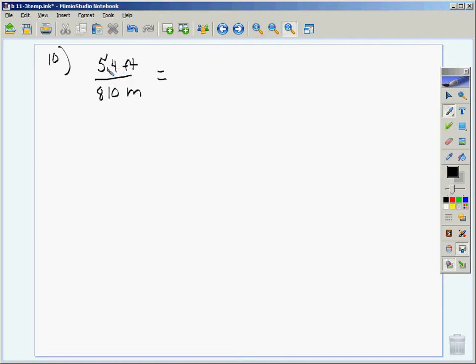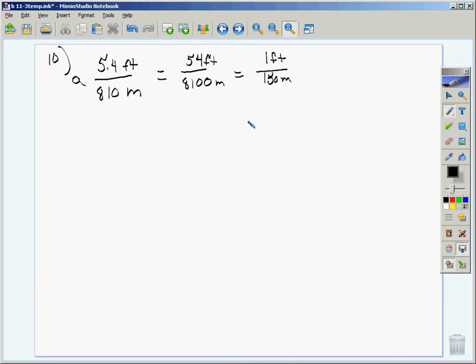If I move the decimal one place in my numerator, I have to move it one place in my denominator as well. This is still feet and meters. If I divide 54 into 81, this would be 1 foot, and this is going to go into it actually 150 times. That's part A. 1 foot is the same as 150 meters.